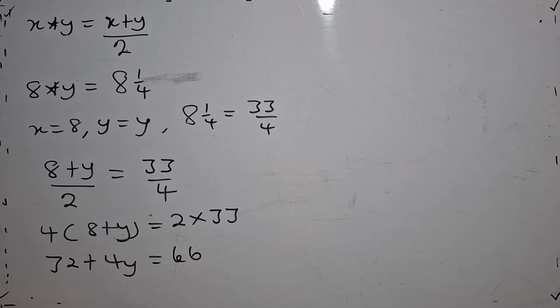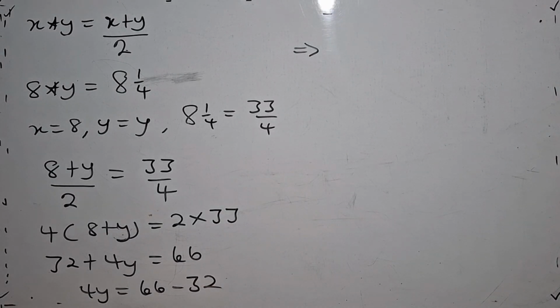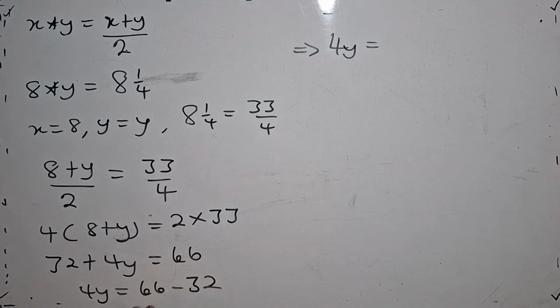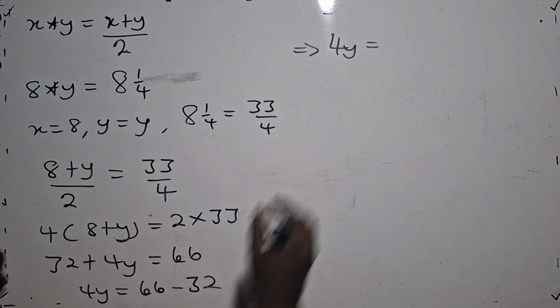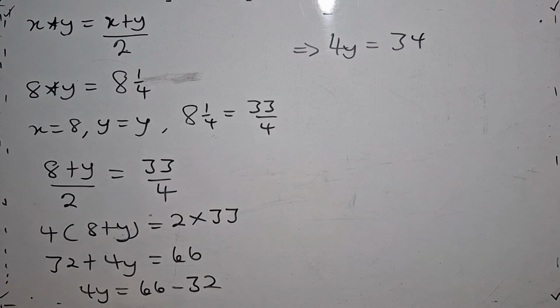Then I have to group like terms. So I'll leave the 4y here since that's the one I'm looking for. Then I have 66 minus 32. So 4y is equal to 66 minus 32, which will give me 34. Yes, that will give me 34.